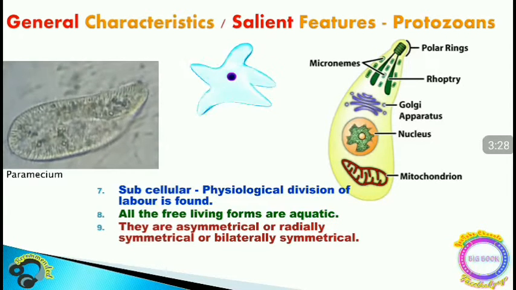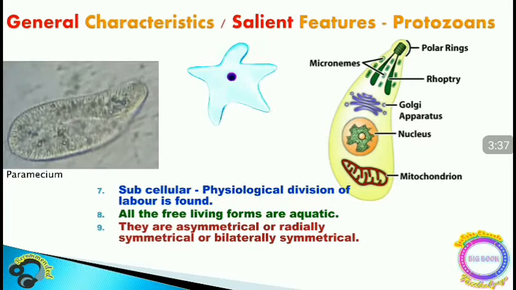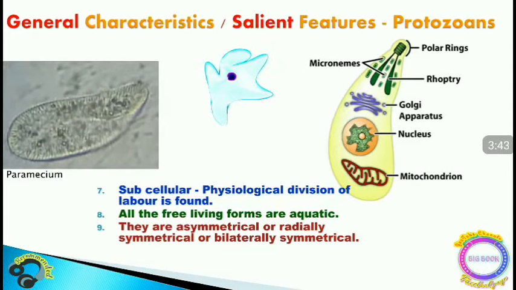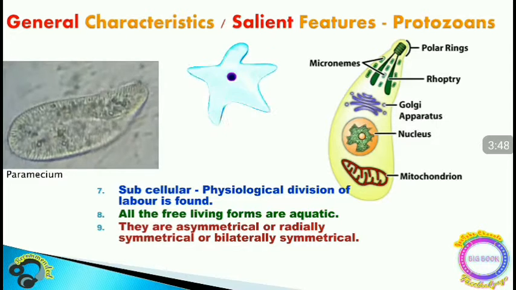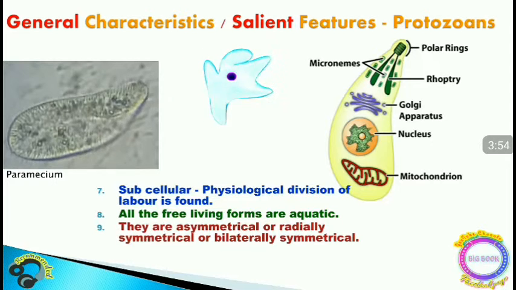Next, subcellular physiological division of labor is found. Here, within this single cell of the organism, whatever subcellular organelles are present, as we are observing in the picture at the extreme right, there are polar rings, rhoptry, Golgi apparatus, nucleus and mitochondrion, micronemes at the top.